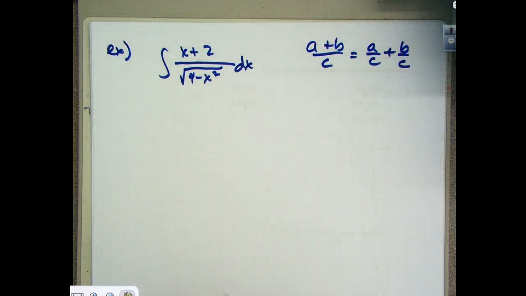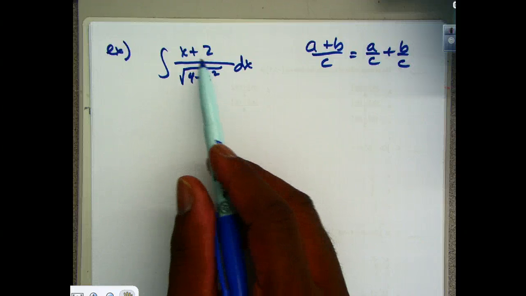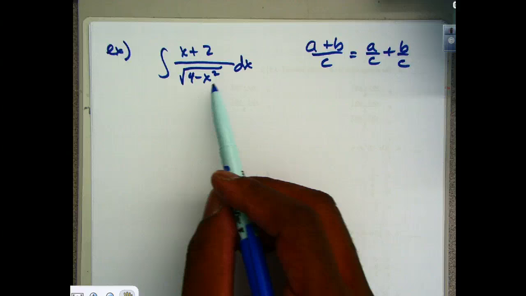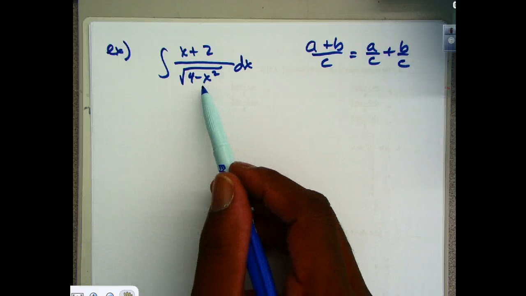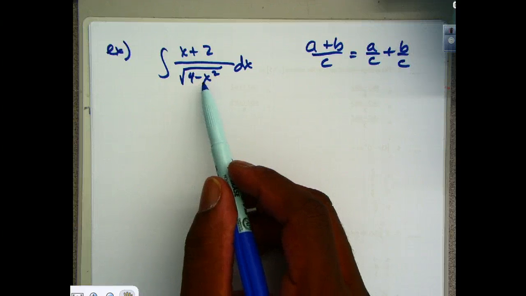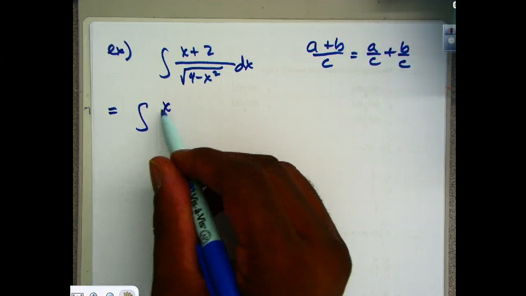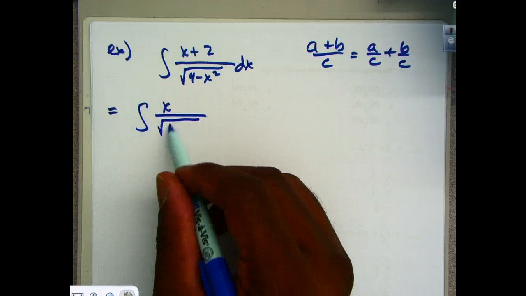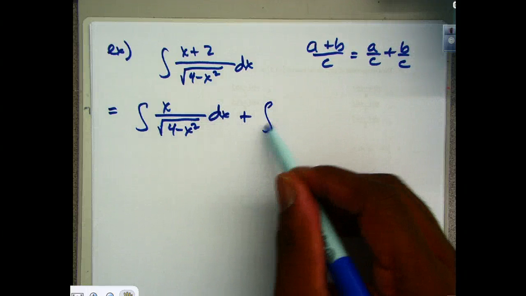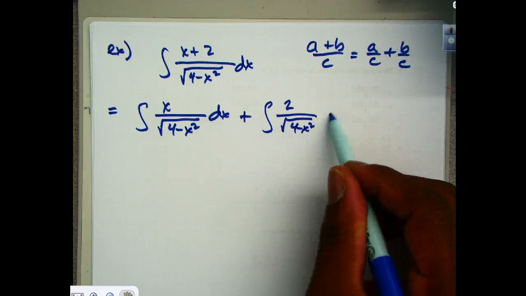Just by looking at this, I know the numerator is not a derivative of the denominator, or even the radicand in the denominator. But if I split this up, that's the integral of x over square root of 4 minus x squared dx plus the integral of 2 over the square root of 4 minus x squared dx.